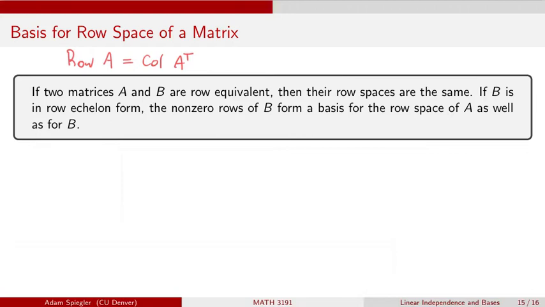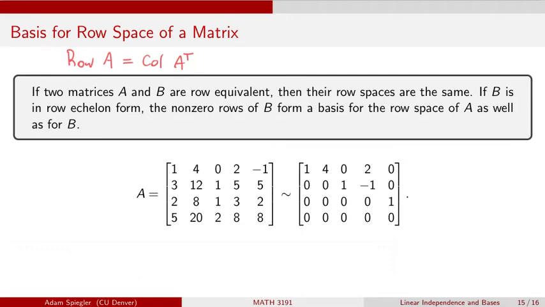I think the best way to illustrate this really nice result is to take a look at this example that we've been working with, where we started with this 4x5 matrix A, which was not in reduced form. If we use Python or do some elementary row operations on matrix A, we can verify that here we actually have it in its reduced row echelon form over here, but you wouldn't even have to go that far.